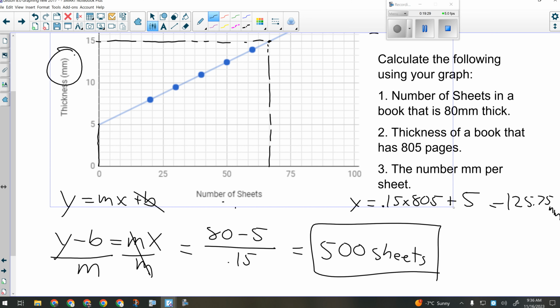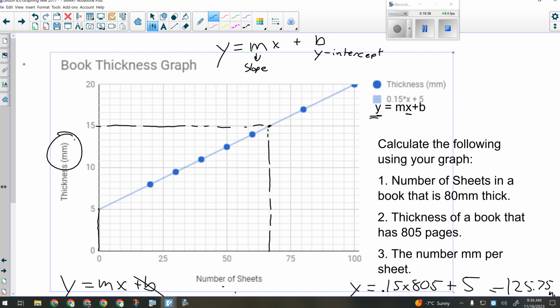And then lastly, the number of millimeters per sheet. It's 0.15, because that is our slope, m. Now, here's why that works. If I manipulate this formula for m, I'm going to subtract b from both sides, which gives me m times x, and then I'll divide both sides by x.